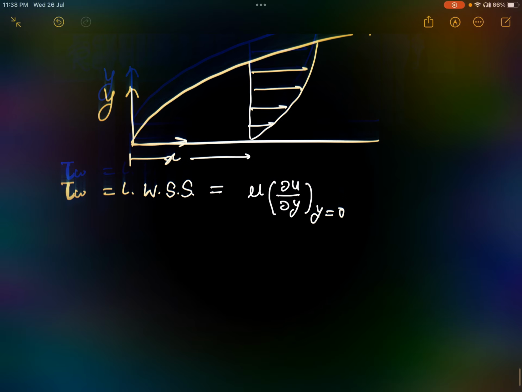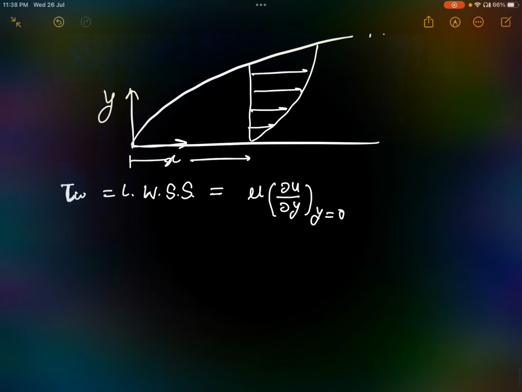In the previous session, from the concept of the hydrodynamic boundary layer, we derived the velocity profile, and by that velocity profile we can calculate the velocity gradient. So the velocity gradient will come out to be V infinity 3 by 2 delta.